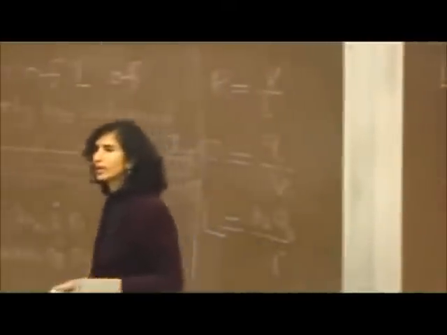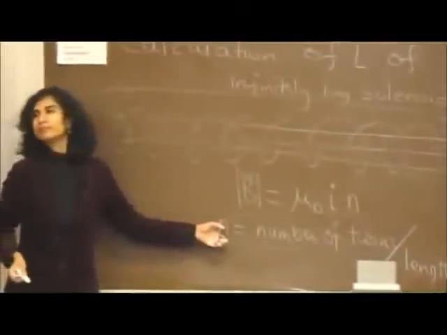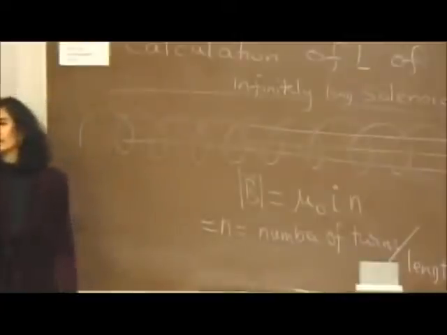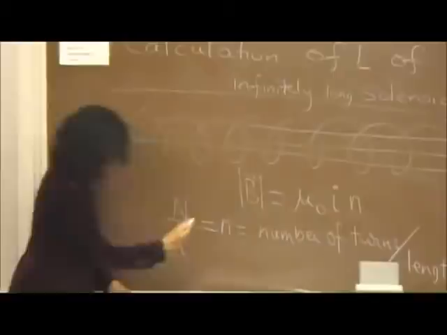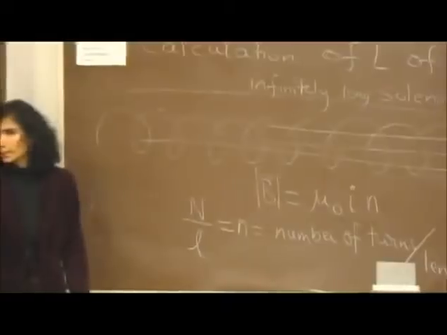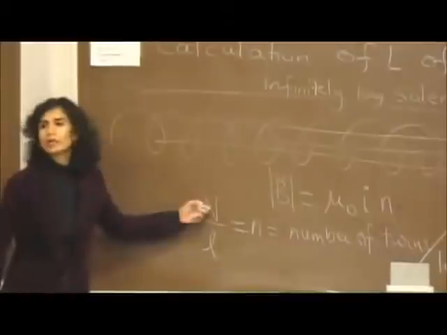By the way, do you know the relation between little n and big N? Little n is the number of turns per unit length, so it must be the total number of turns N divided by the length L. Big N is the total number of turns.